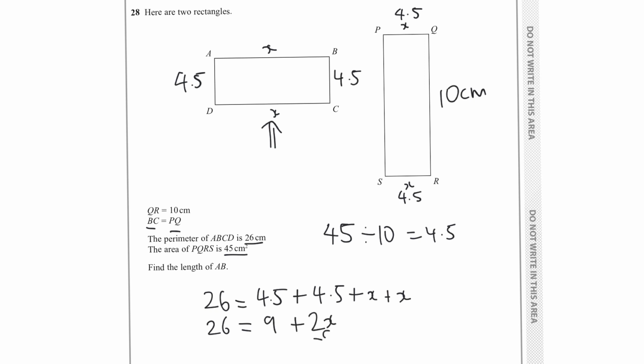Then we're going to take away 9 from both sides. This would leave us with 17. So I'm trying to work that out in my head. That'll leave us with 17, yes, is equal to 2x. Then divide both sides by 2. And so x would be equal to 8.5. Therefore, the length AB is 8.5 centimeters.